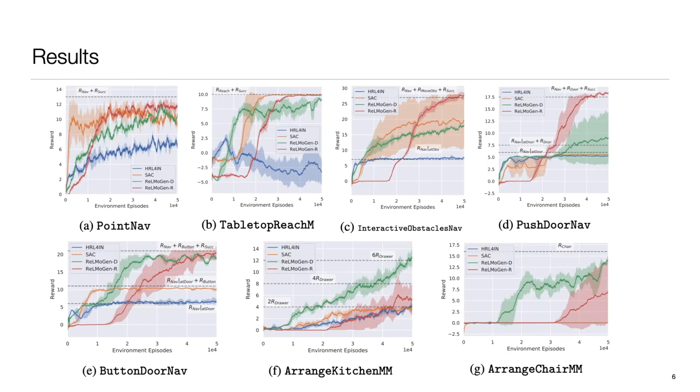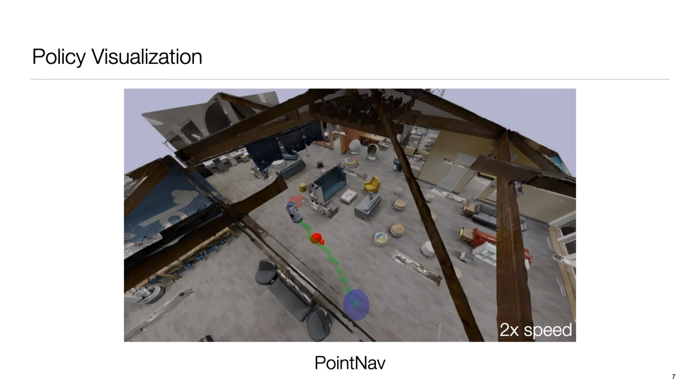Here, we show the reward curve during training. Our methods are indicated in red and green. They're able to consistently outperform baselines in all tasks and achieve higher task completion given the same number of training episodes. In the next few slides, we will showcase our best performing policies for all the tasks mentioned before.